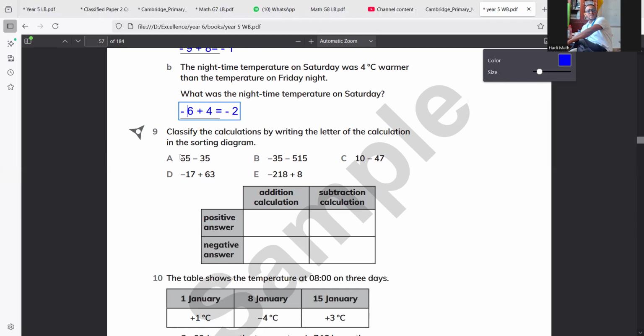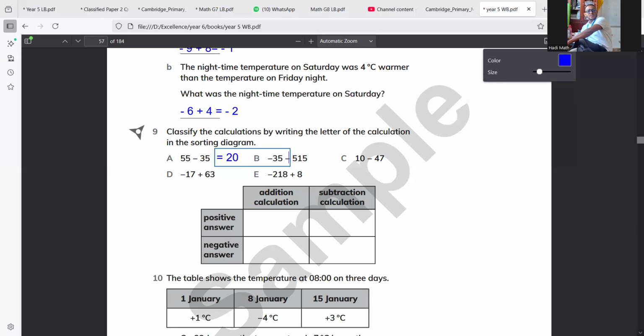Question 9, they say classify these calculations by writing the letter of the calculations in the sorting diagram. Before we do this, let's answer these questions. 55 minus 35. 55 is positive, 35 is negative. You subtract them, which is going to be 20, and it's positive 20.